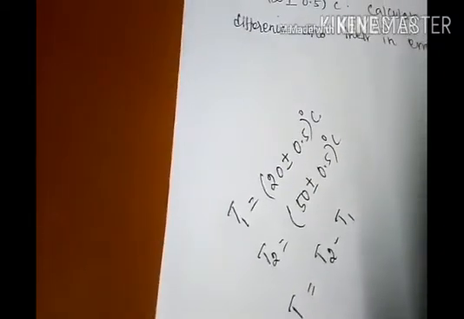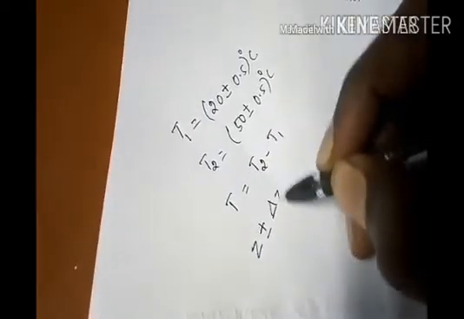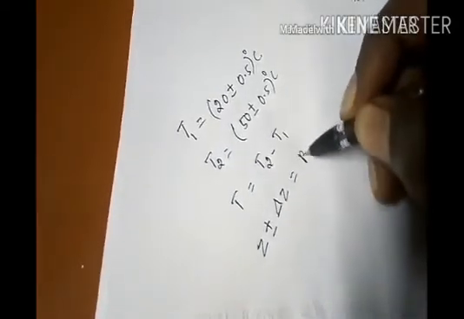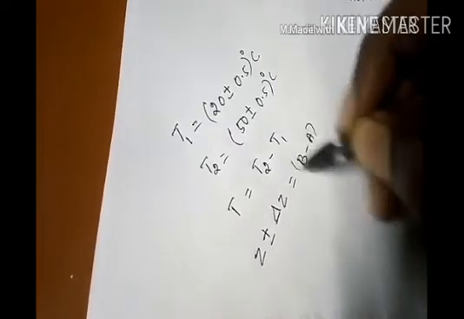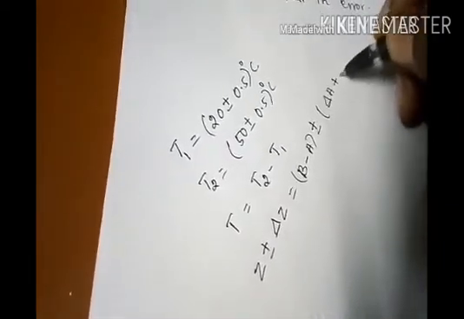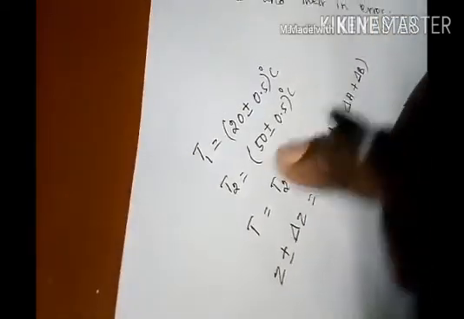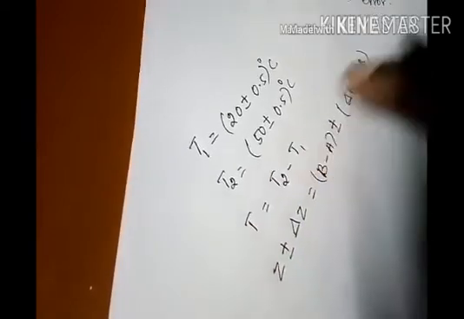But here we have to use the formula for error in difference of two quantities. So the formula is Z plus or minus delta Z equal to B minus A plus or minus delta A plus delta B. So the temperature difference can be calculated using this formula.